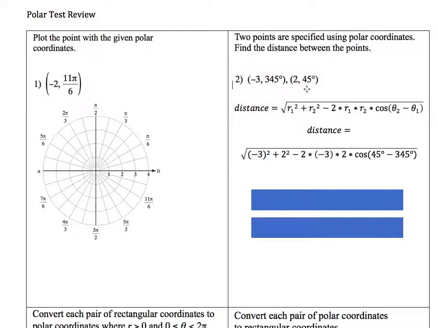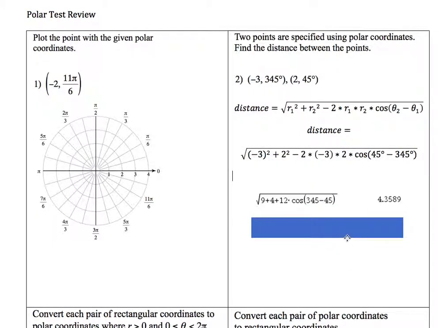Some of you might be concerned about messing this up by using the wrong angle. I just wanted to show you that it doesn't matter which is theta1 and which is theta2. If you did 345 minus 45, you would get this answer. If you did 45 minus 345, you would also get the same answer. So either way, you'll get the same answer.